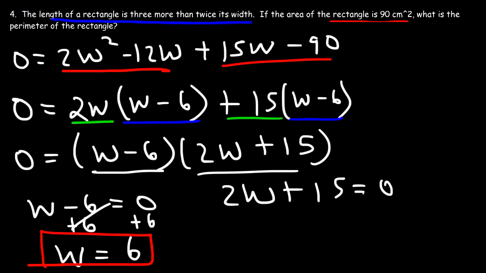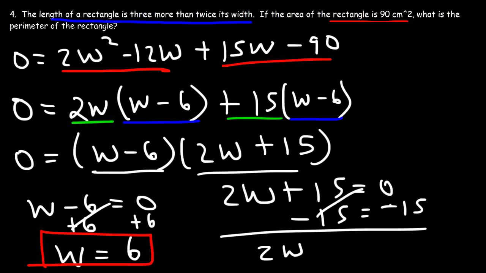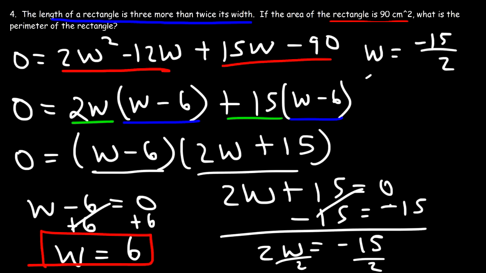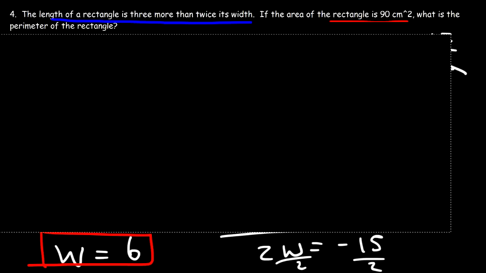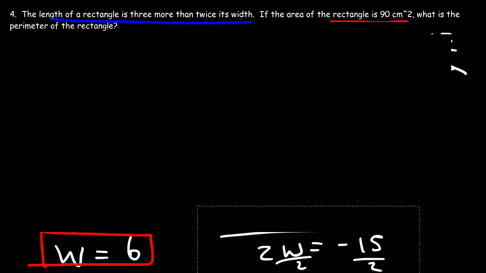For the other one, first we need to subtract 15 from both sides. So 2w is equal to negative 15, and then we can divide by 2. So we get a negative answer for w, which we're not going to use. Real-life objects tend to have positive side lengths.